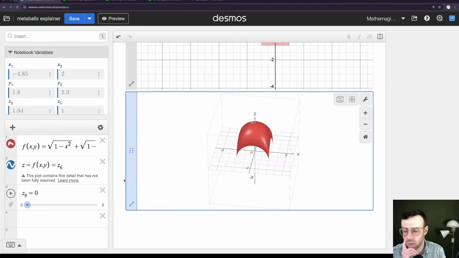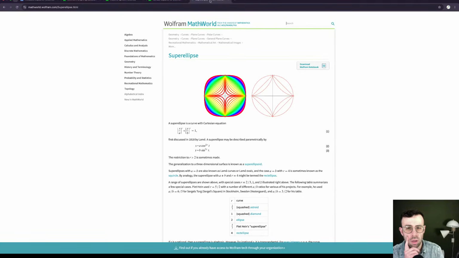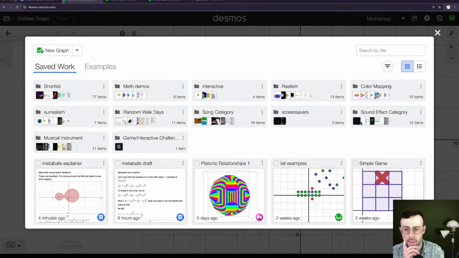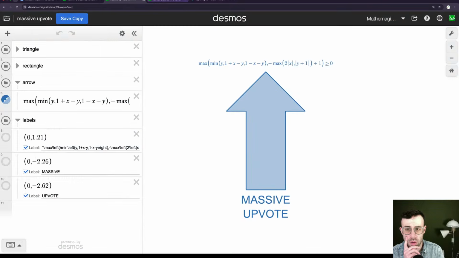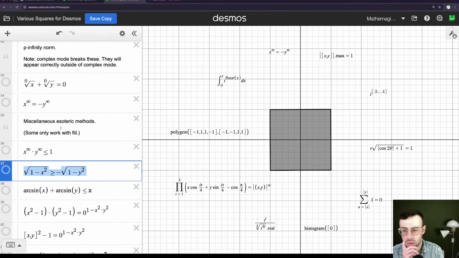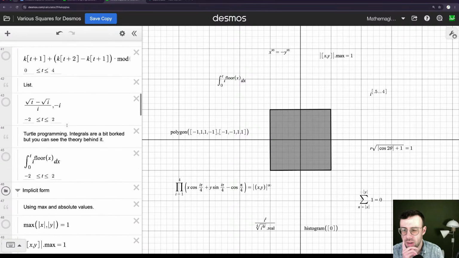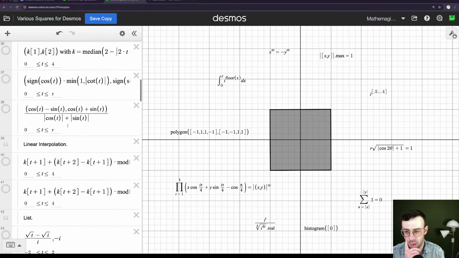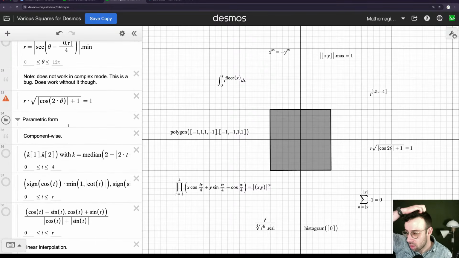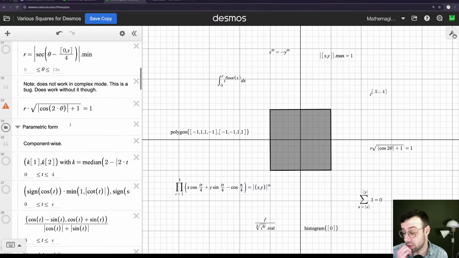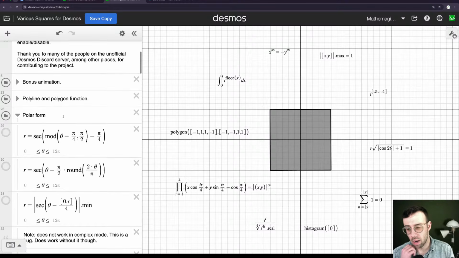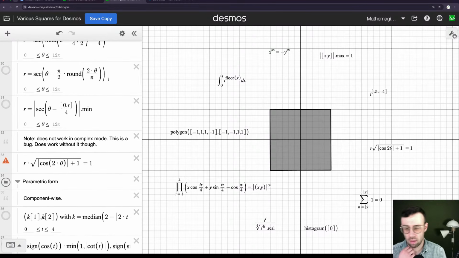Okay, so it's the square root that's the problem. Should I look for a different one? Or do we have a better idea? Okay, so I'll use max. All right, so I will use the max min thing.